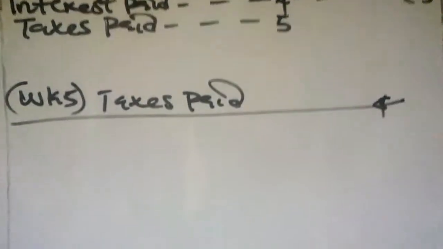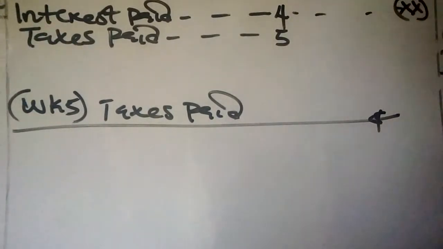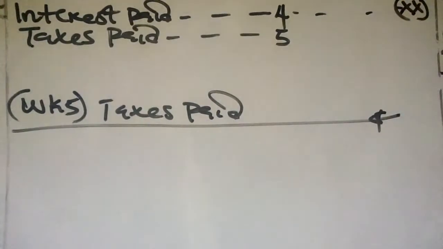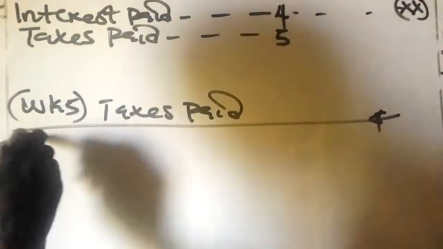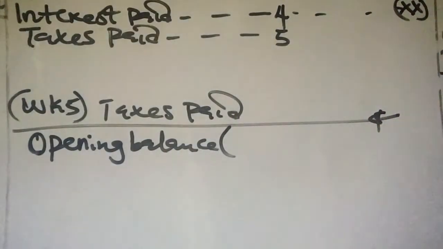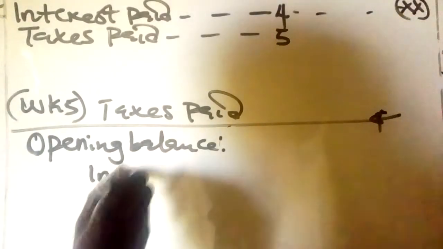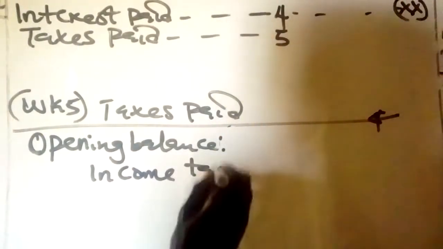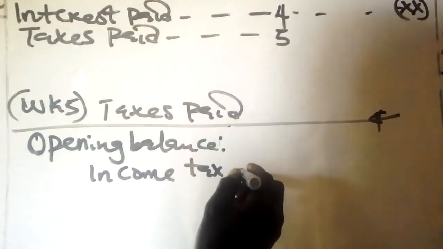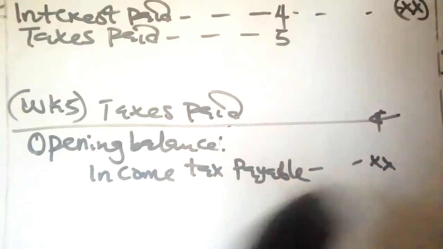Opening balances and closing balances will always be found in the statement of financial position. You will have income tax provision or income tax payable, the one that will be found under current liability.